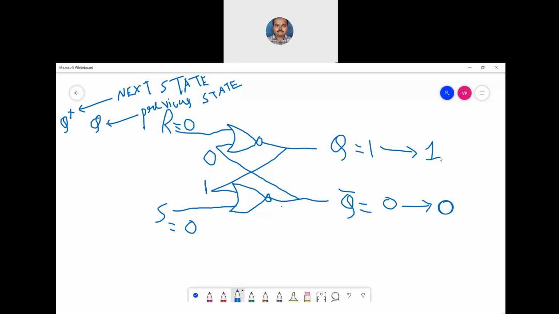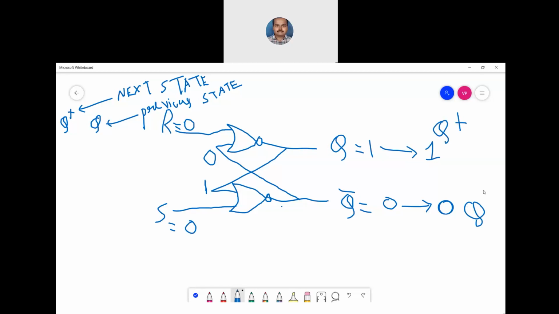It means that when Q is 1 and Q bar is 0, and the input we have applied is S is 0 and R is 0, the next state, meaning the output, has to change depending on the input we apply here. When S is 0 and R is 0, the next state is equal to 1 here.